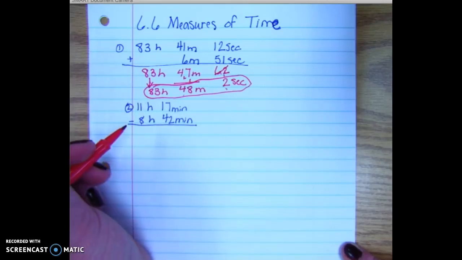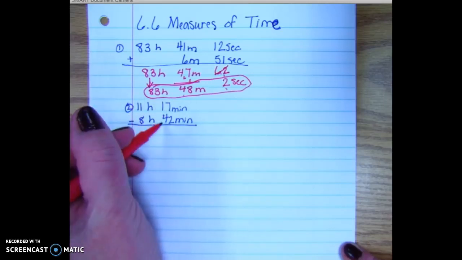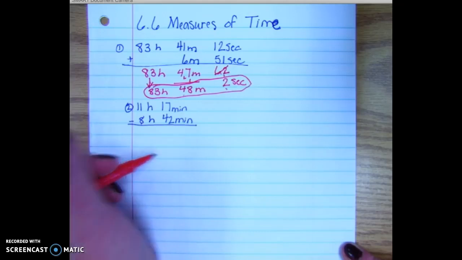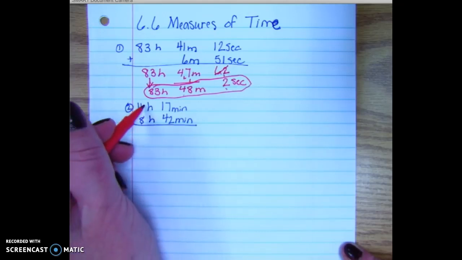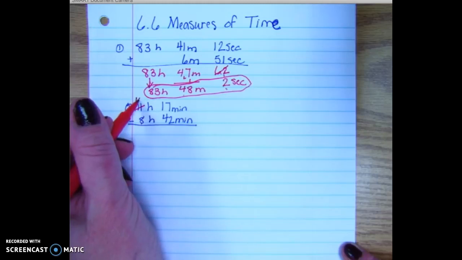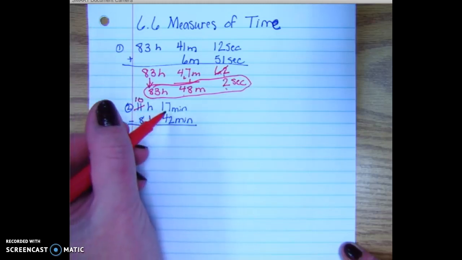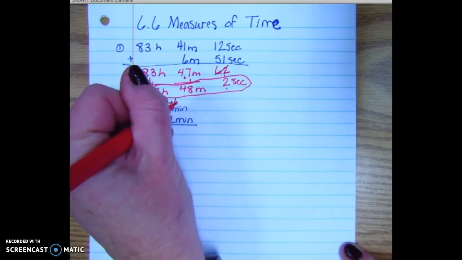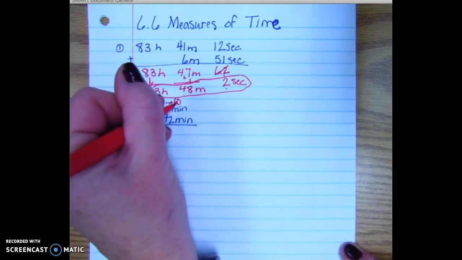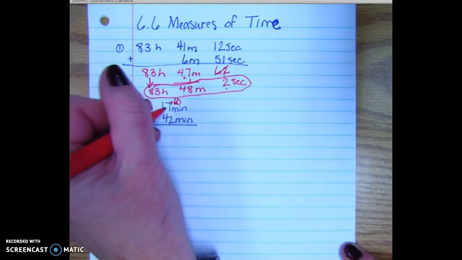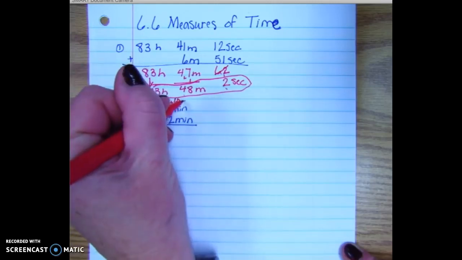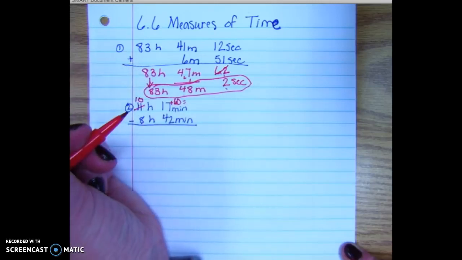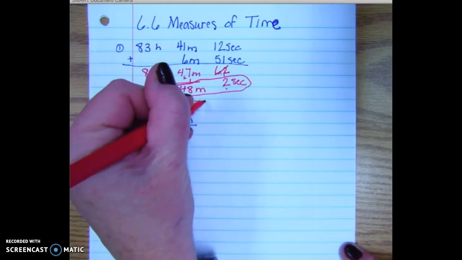Well, we've got to find the difference. But I have a 17 minus 42, and I can't do that. So I do need to regroup one. So I'm going to bring this down to a 10. That's the easy part. But think about what we're regrouping here. We need to add 60 minutes because there's 60 minutes in 1 hour. So it's 60 plus 17, which equals 77.